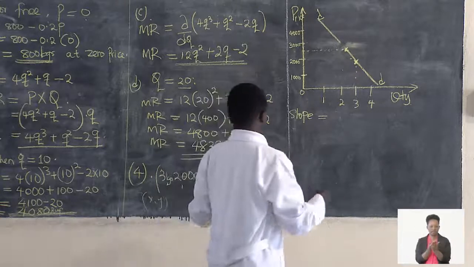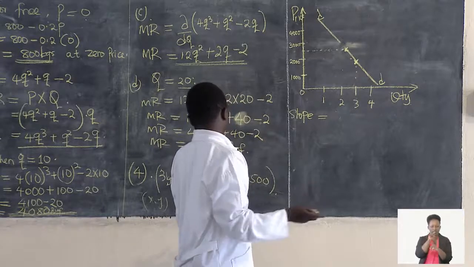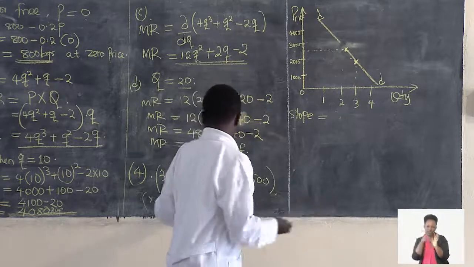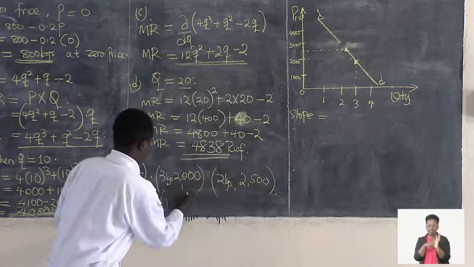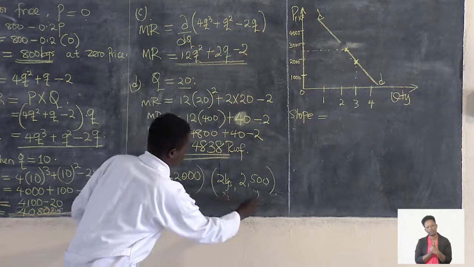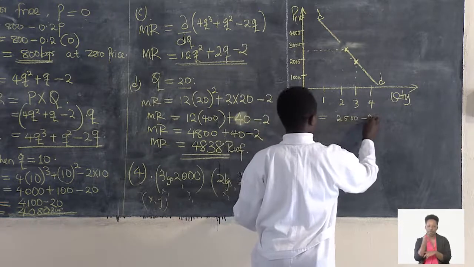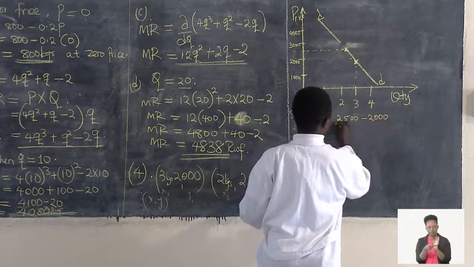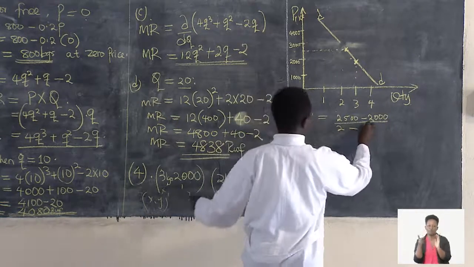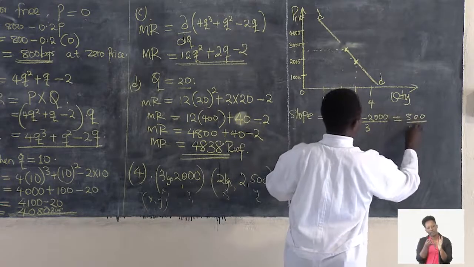So you get y2 minus y1 over x2 minus x1, where these are x1, y1 and x2, y2. In this case, we get 2,500 minus 2,000 over 2 minus 3, so we have 500 over negative 1.